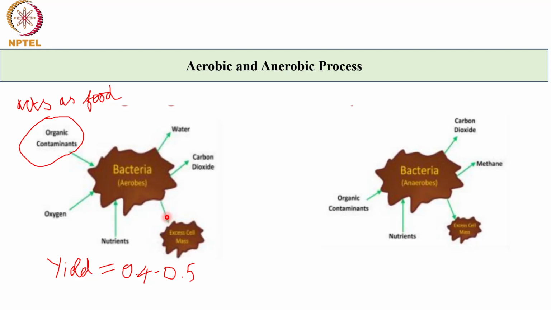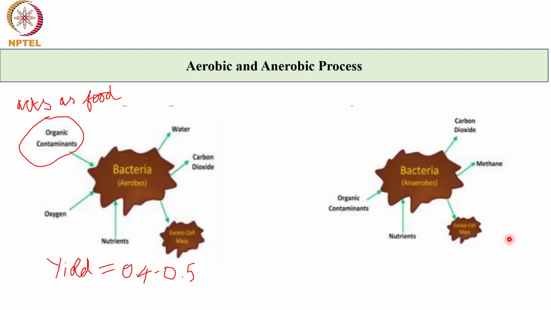In case of aerobic bacteria, the ATP produced will be high, so they will have very high yield. But when it comes to anaerobic bacteria, the yield of the cell will be very low, around 0.1 to 0.2 only. So the sludge production will be very minimal. Compared to aerobic bacteria, the nutrient requirement for anaerobic bacteria will be very minimal.